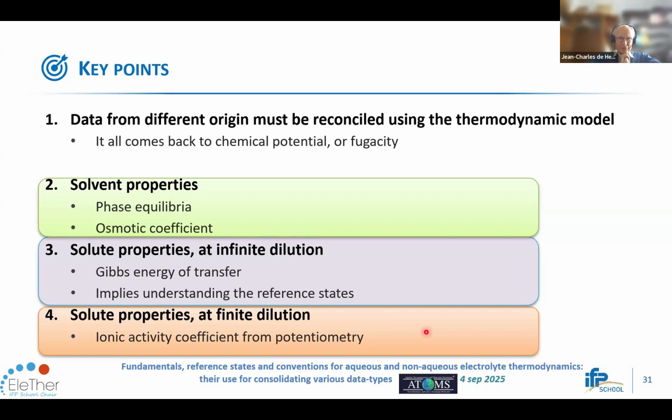So I have told you about 4 points, but essentially 3 of them. First, I have given you some elements about chemical potentials, fugacities, reference states, and I insisted on the fact that data from different origins should be reconciled using our thermodynamic model, and that this is a real check to see whether the thermodynamic model is really consistent.